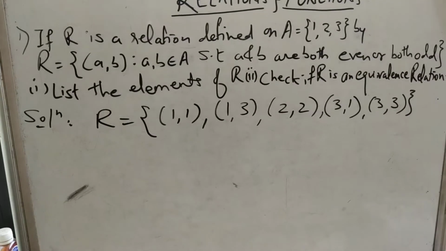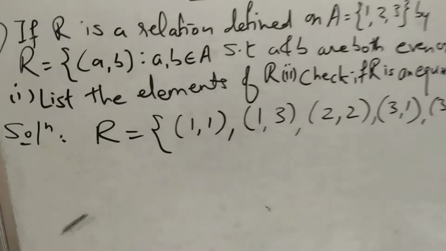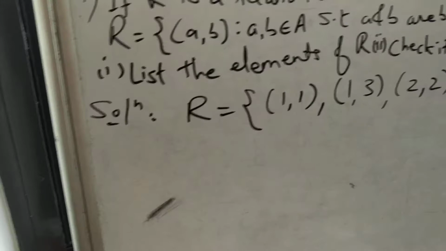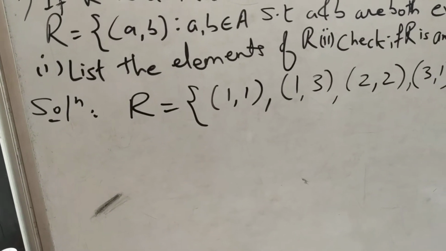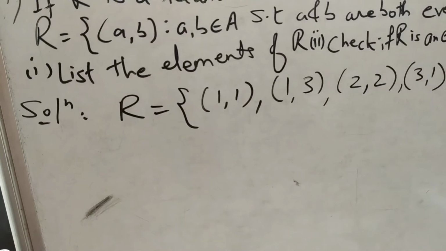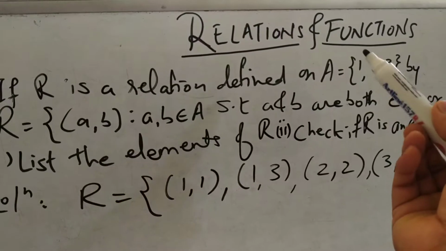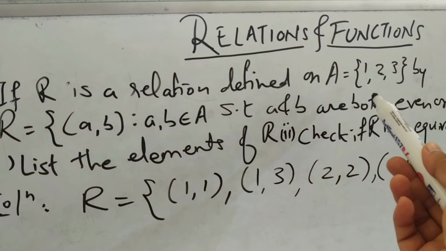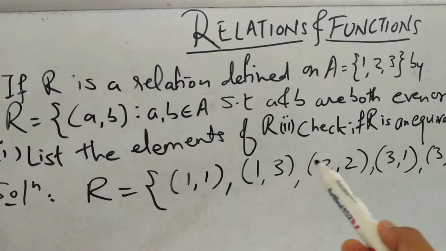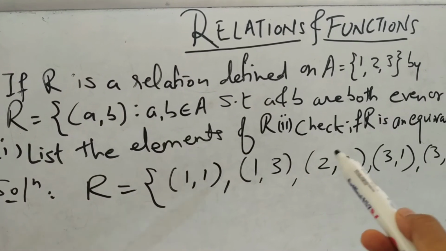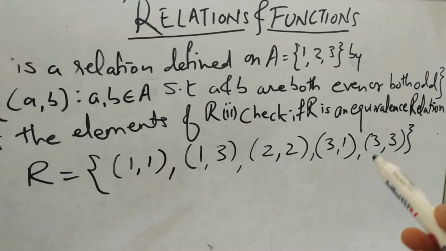Now let us check whether the relation is an equivalence relation. First, let us see whether the relation is reflexive or not. As you know, a relation is said to be reflexive if x related to x for every x belonging to A. Here there are three elements 1, 2, 3. We can see here the ordered pair (1, 1), so 1 is related to 1. Here (2, 2) means 2 is related to 2, and (3, 3) means 3 is related to 3.